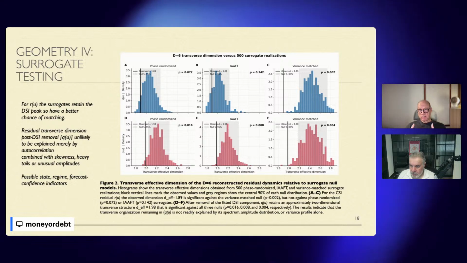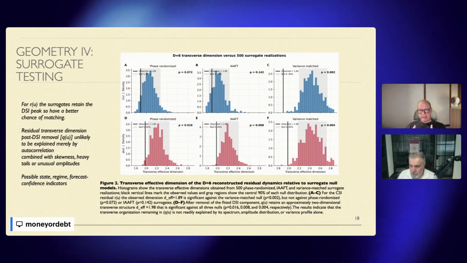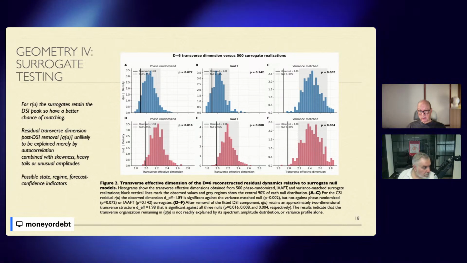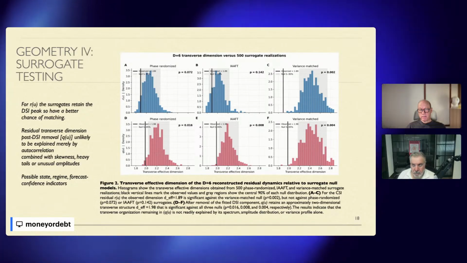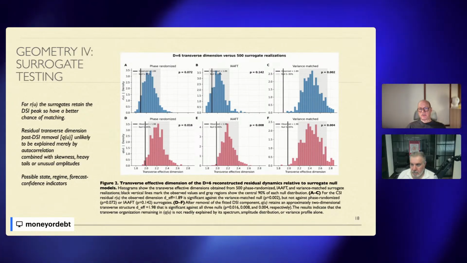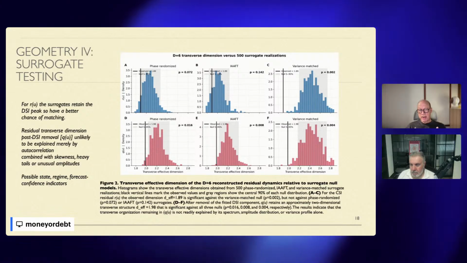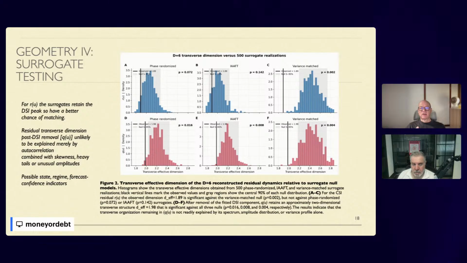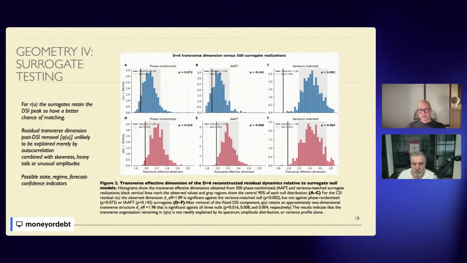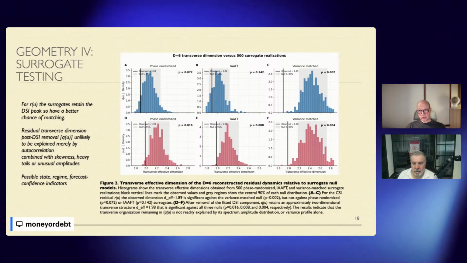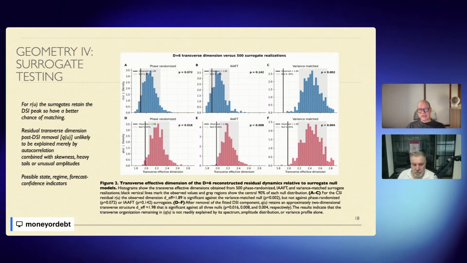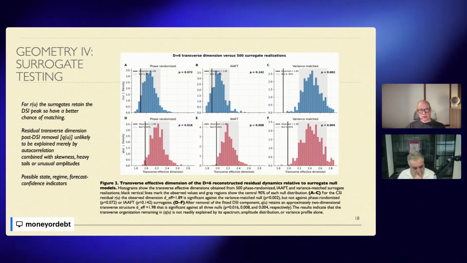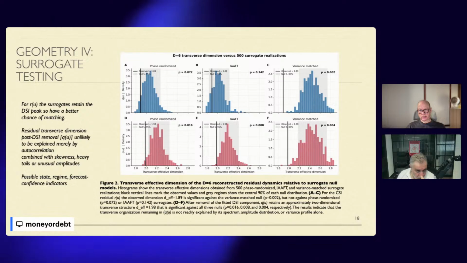And the reason is that for test A and test B, both of those actually include within them the fundamental mode of DSI. They include the omega equals 8.8 periodicity, and then they randomize phases around that. And as a result, they're retaining that structure. And so they don't distinguish as clearly.